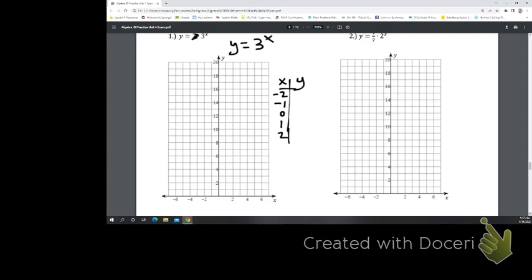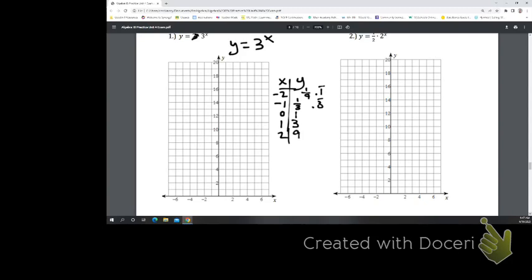So 3 to the -2 would be 1/9 or 0.1 repeating. To the negative first, 1/3 or 0.3 if you use the calculator. To the 0 power, 1, 3 to the first, 3, 3 to the second, 9.